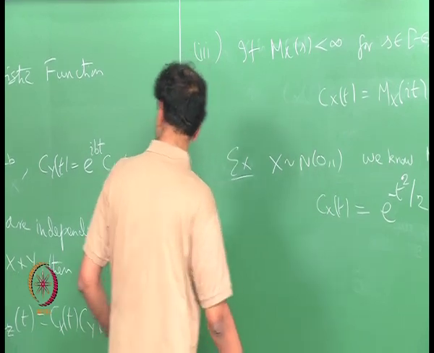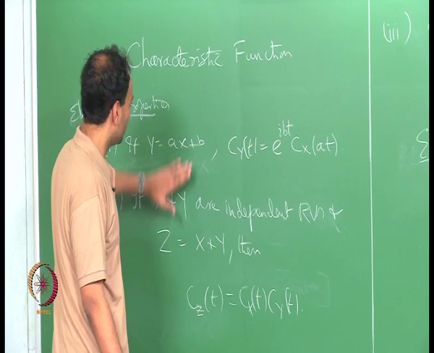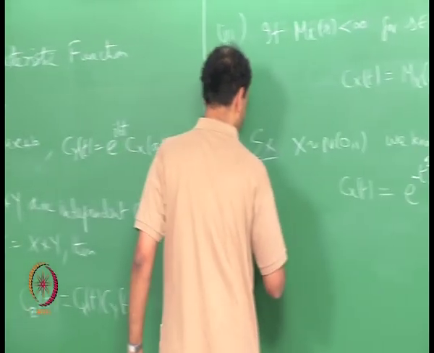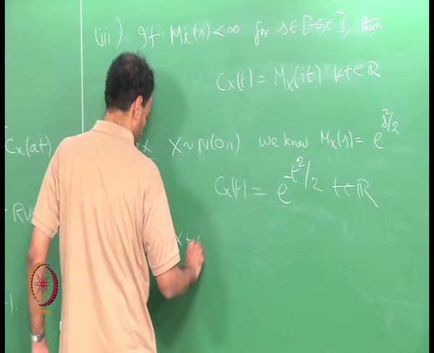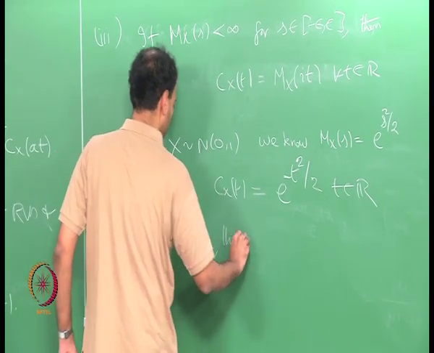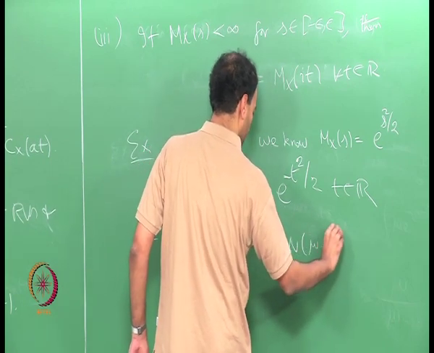Suppose you invoke this property, then you can figure out the characteristic function of, let us say, Y equal to sigma X plus mu. Then Y will be normal (mu, sigma squared).